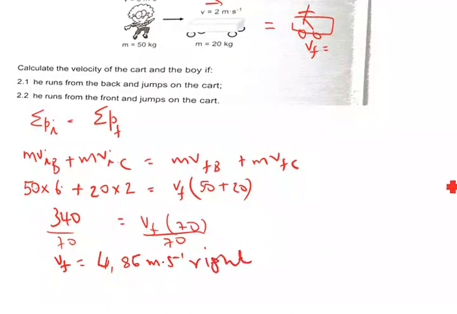That is the velocity of the cat and the boy when the boy runs from the back. Now the boy runs from the front and jumps. That was number 2.1, then 2.2 now.